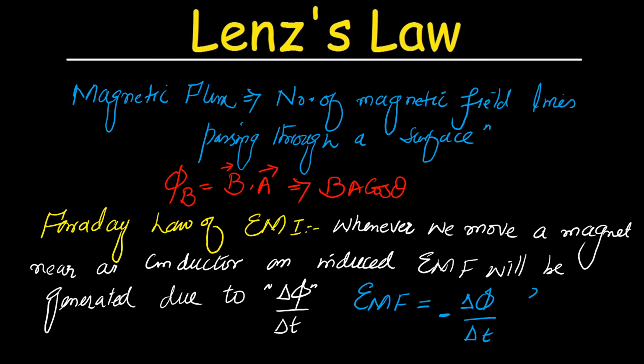The minus sign is basically used to indicate the direction of the electromotive force, and this direction was explained by a law known as Lenz law of electromagnetic induction. So now let us explain Lenz law.